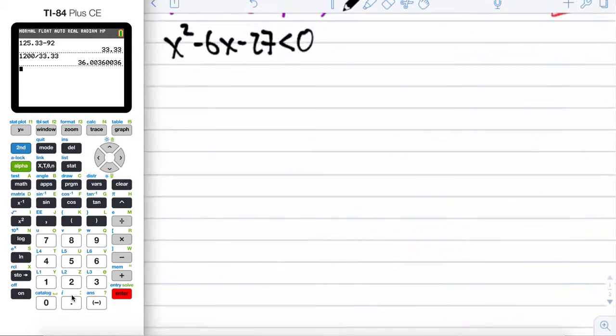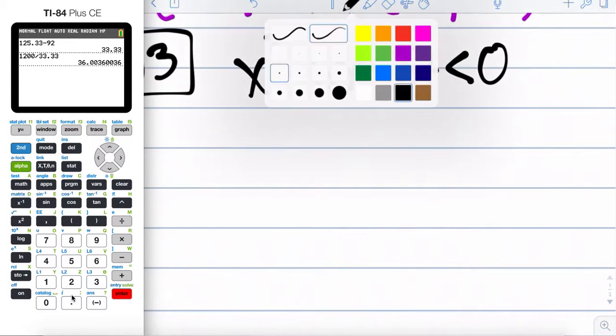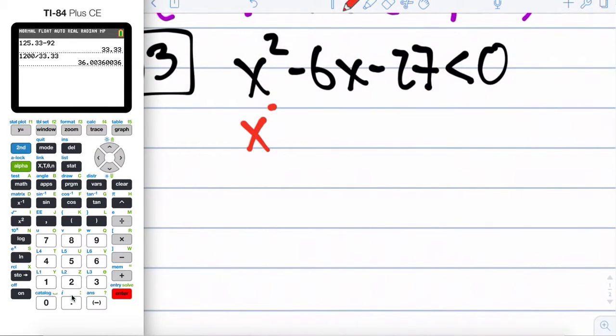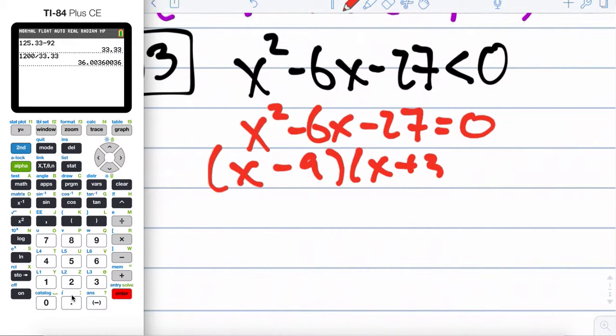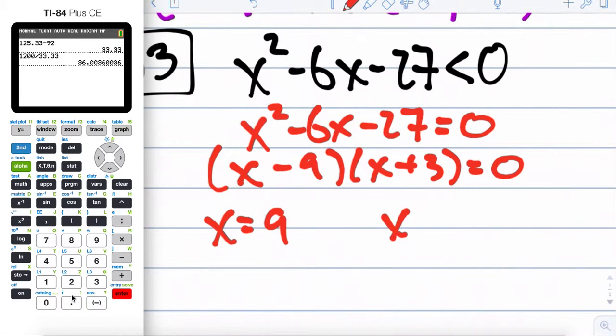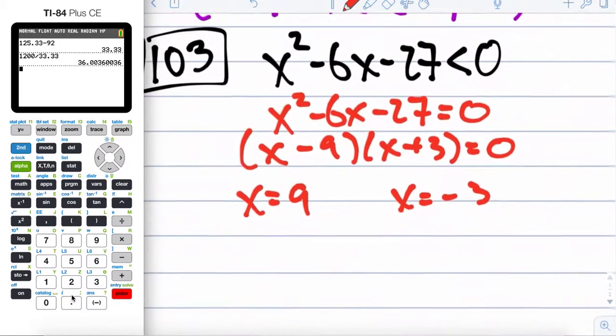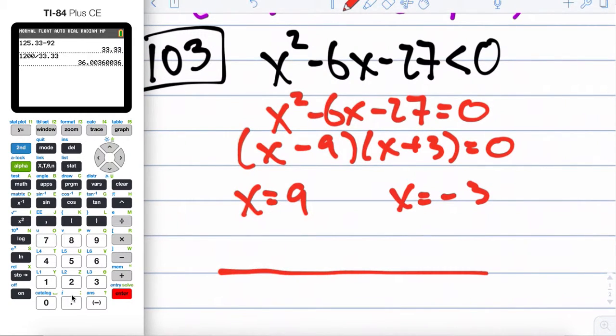So remember with these, what we do is we treat them like it's an equals. x squared minus 6x minus 27 equals 0. And then I can factor it, maybe. (x minus 9)(x plus 3) is equal to 0. So x is equal to 9, or x is equal to negative 3. Now I have my boundary points, negative 3 and positive 9.